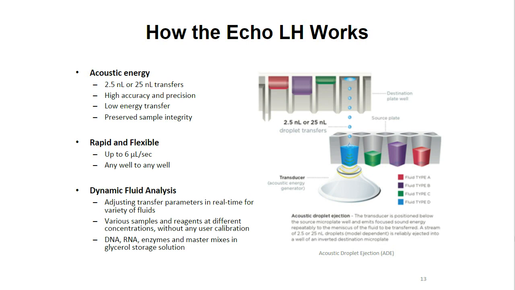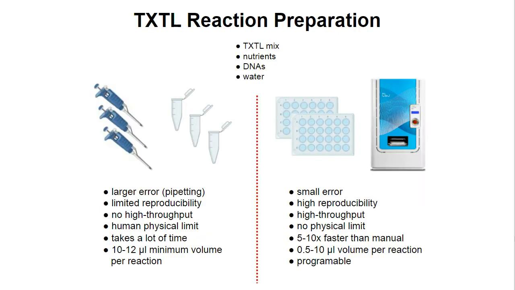A TXTL reaction can be prepared either by hand, on the left in this slide, or using the Echo liquid handler on the right. You typically have a TXTL mix, some nutrients to add, your DNA solutions ready, and you have your water.